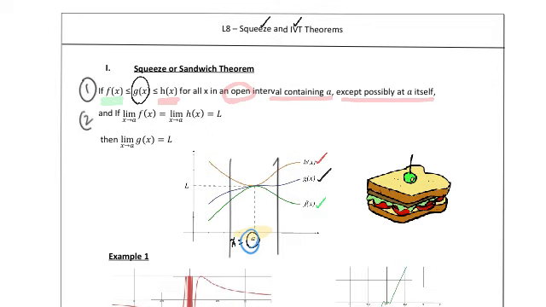And condition number two is if we can say that the limit of these two outer functions in the inequality, so we're talking about h and f, the two functions that are on the outside of the inequality, if those two limits at this arrow number are equal to L. If the two limits on the outer two functions are L, then the inner limit at that arrow number, which is the limit of g of x as x approaches a, must also be L.